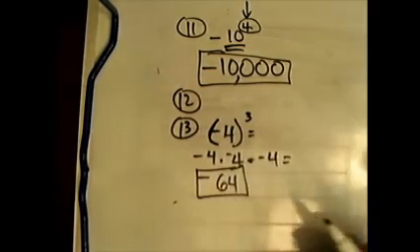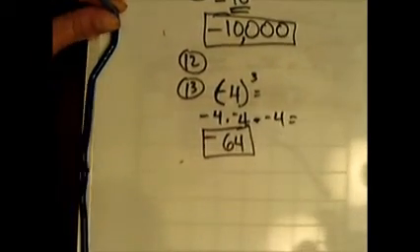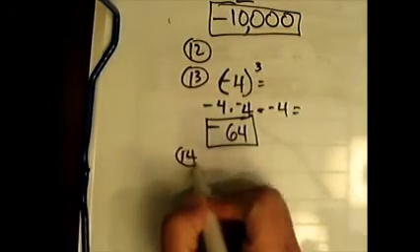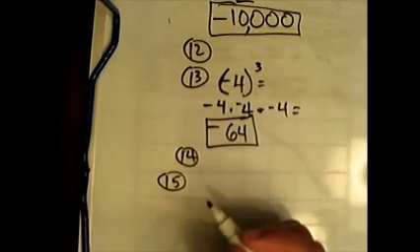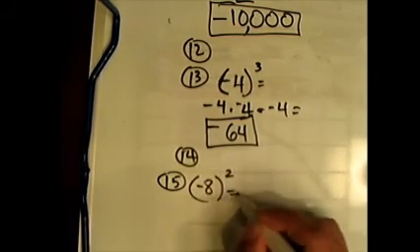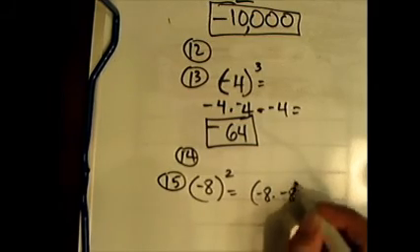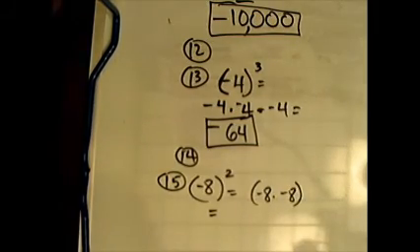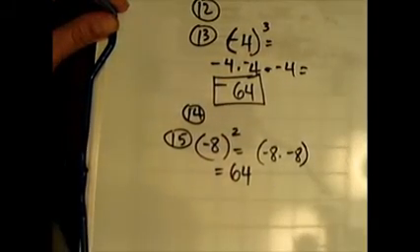Please make sure you box your answers, okay? Alright, so now let's go to number 14. That's for you to do. Tricked ya. Alright, number 15, you have a negative 8 squared. Since the negative is in the parentheses, you do negative 8 times negative 8, which is a positive 64. Okay? Alright, so we have done 1 through 15.